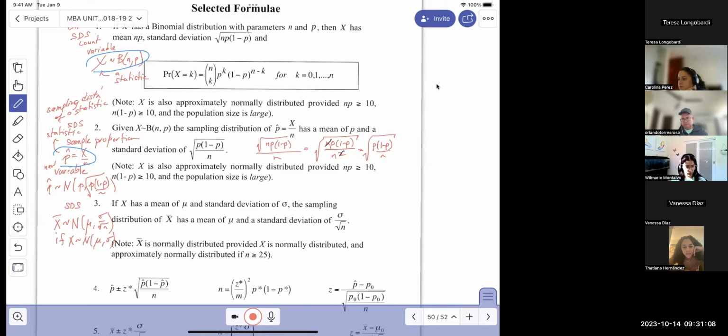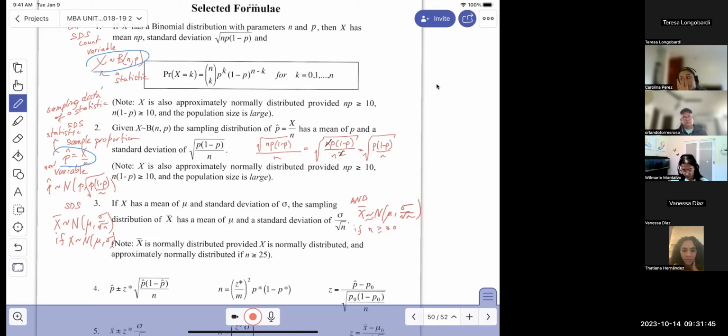And often it's the case that X bar is approximately distributed. We don't say it's exactly, we say it's approximately distributed normal with the same mean and a smaller standard deviation if n is greater than or equal to, do I say 30 or 25? I don't know why I'm judging.